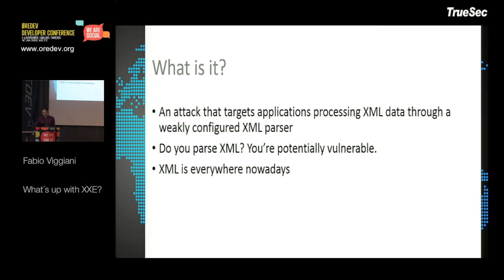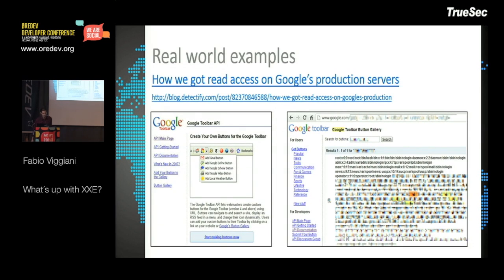A couple of real-world examples of organizations vulnerable to XXE attacks. This is Google, just a few months ago. They have this feature for developers called the Google Toolbar API, which allows developers to define their own buttons for the toolbar.